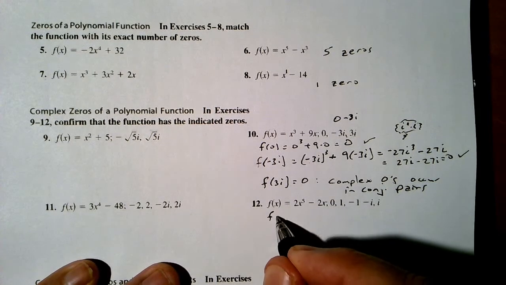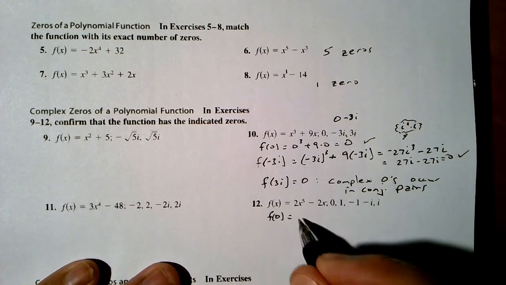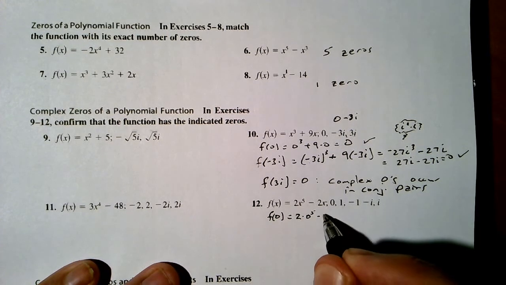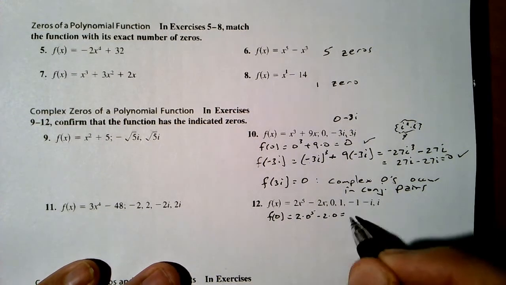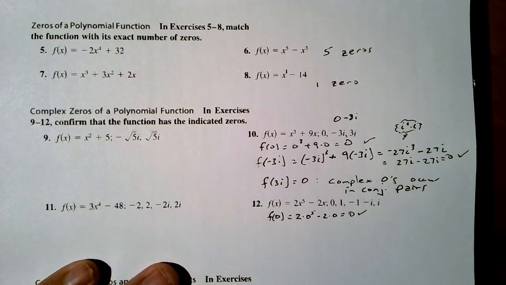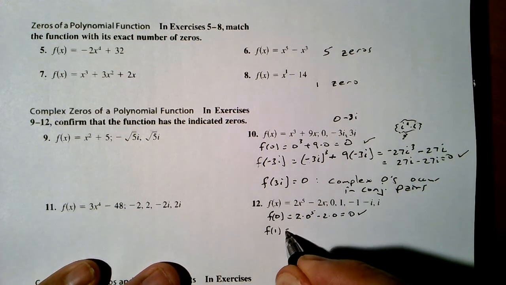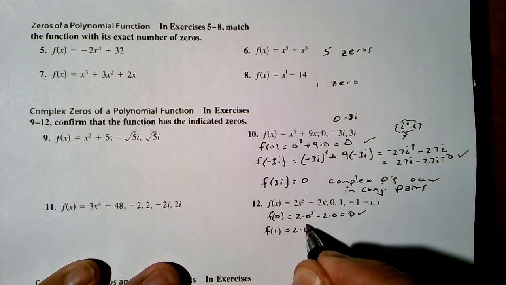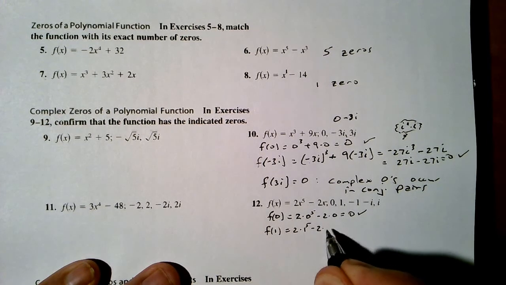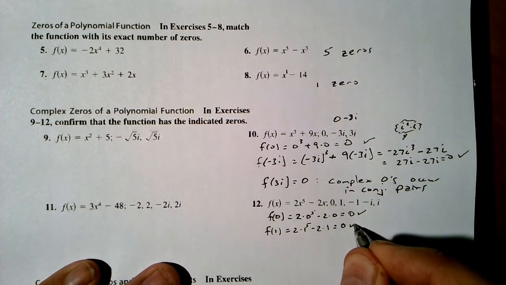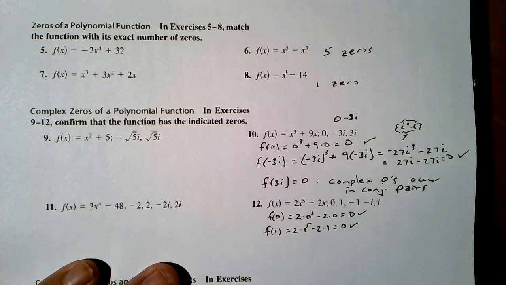So f of 0 is 2 times 0 to the 5th minus 2 times 0, which equals 0. Check. F of 1 is 2 times 1 to the 5th minus 2 times 1, which is 2 minus 2, is 0. Check.